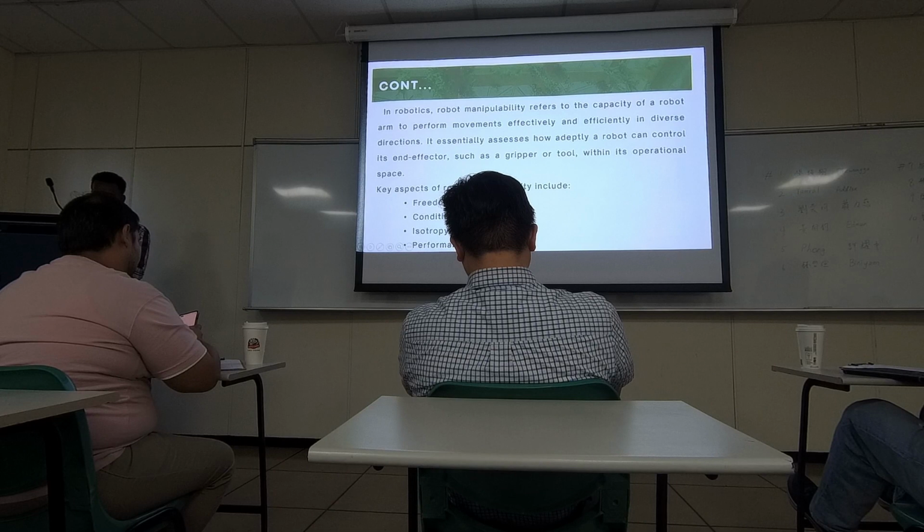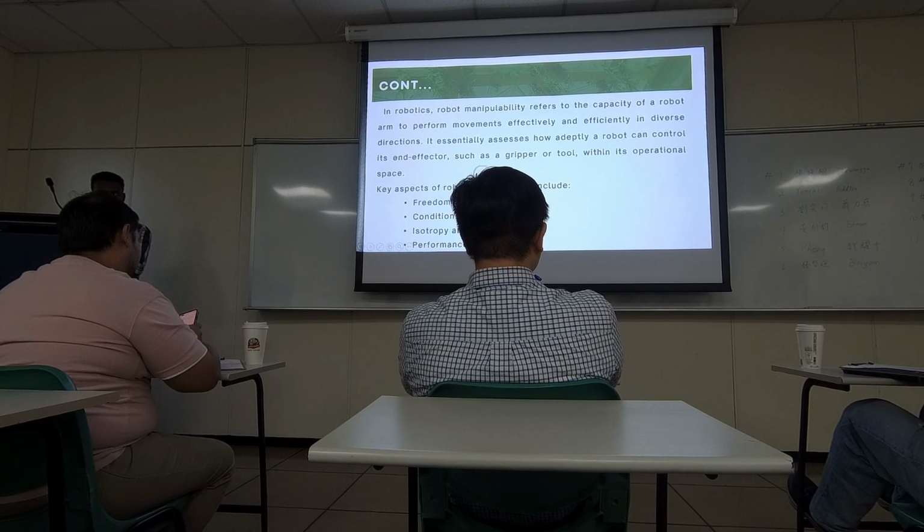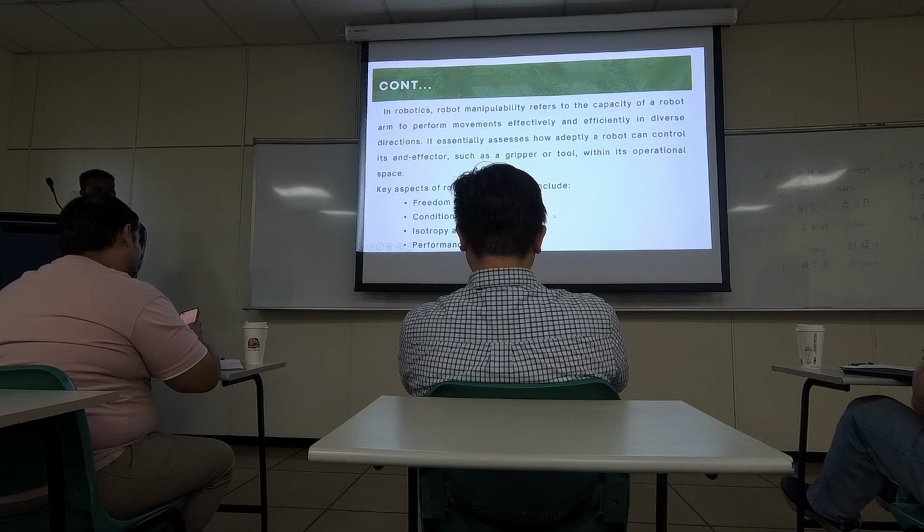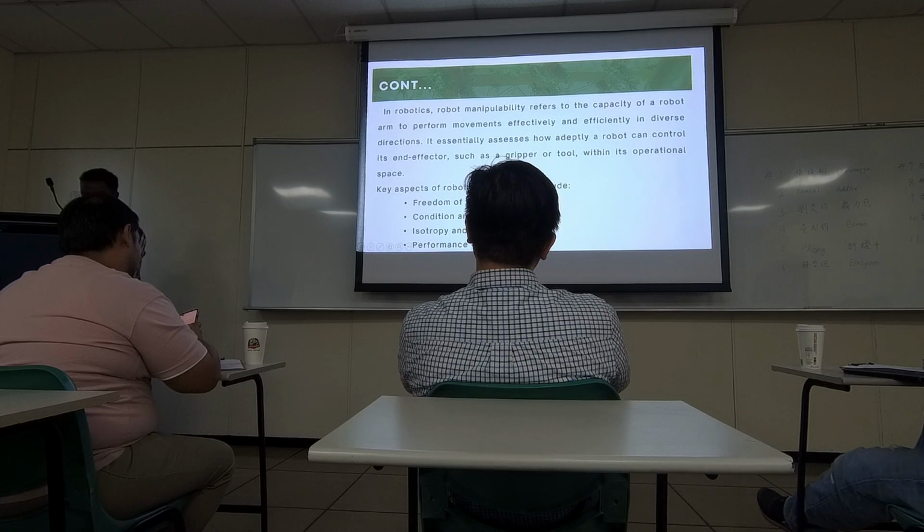The third one is isotropy and ellipsoid. Isotropy means the ability of the robot to move equally in all directions. The last one is performance and optimization. We need to improve the performance characteristics of the robot manipulator, like speed, force capability, accuracy, and efficiency.